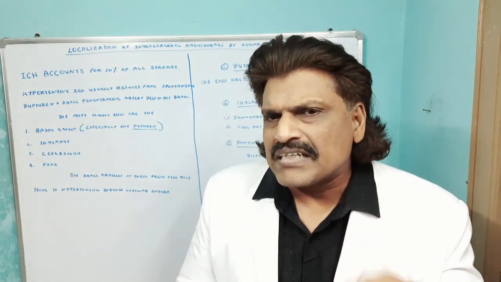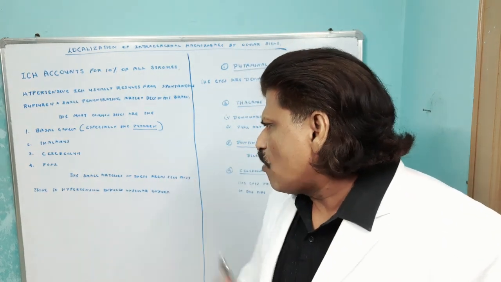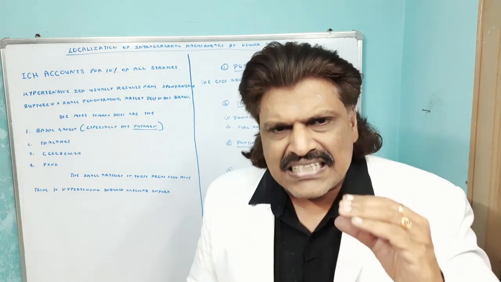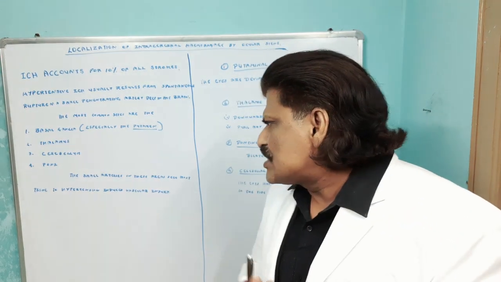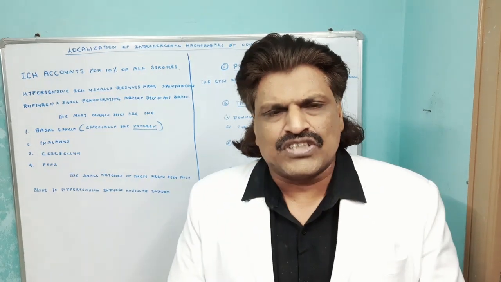Why do we see hypertensive hemorrhage in these four areas? The small arteries in these areas seem most prone to hypertension induced vascular injury.